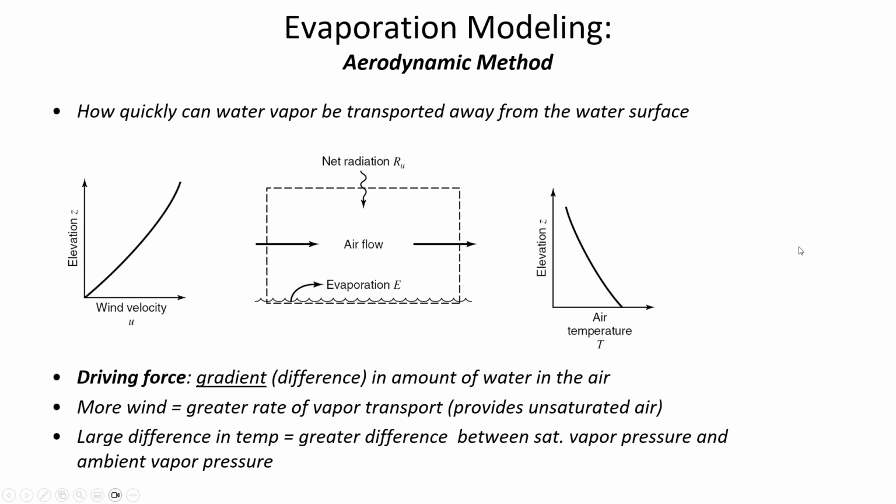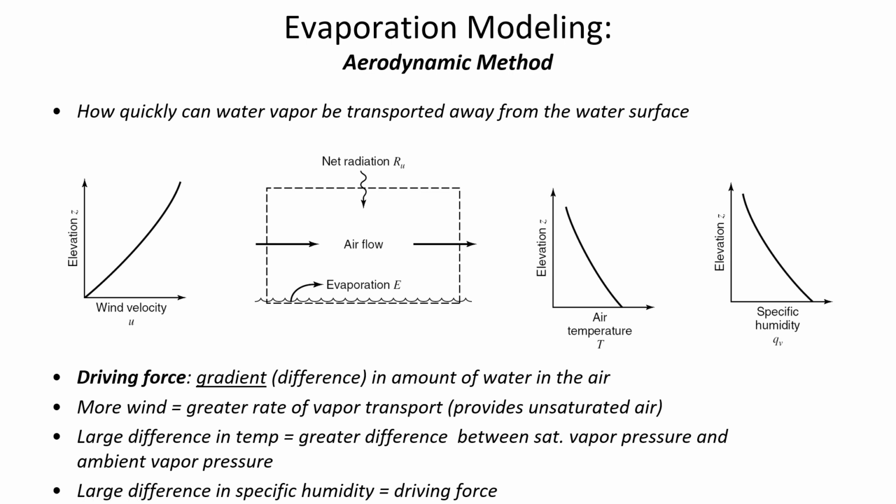And another factor is that as we go up through the atmosphere, remember the adiabatic lapse rate is the elevation effect that occurs where air is generally cooling as you go higher up in the atmosphere. And so that's another factor that's related to how much vaporization there can be, is that when you've got big temperature differences between the ambient vapor pressure and the saturation vapor pressure, then that driving force is going to increase the amount of evaporation that occurs.